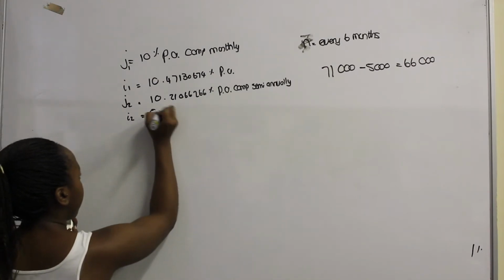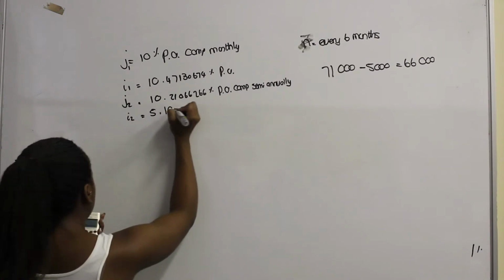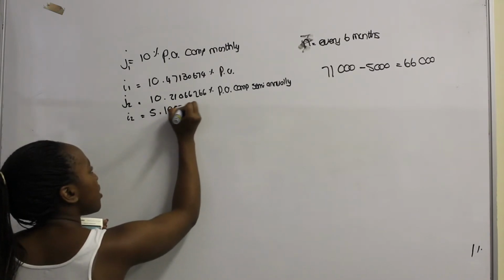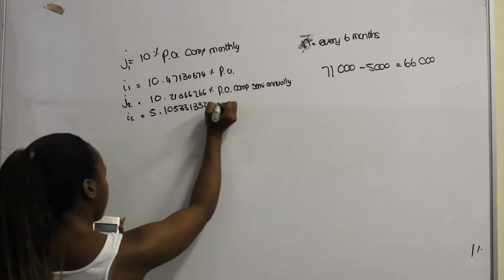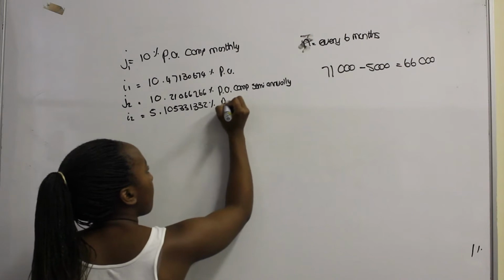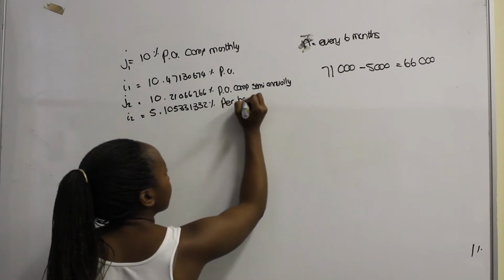And then you get 5.10533132% per half year.